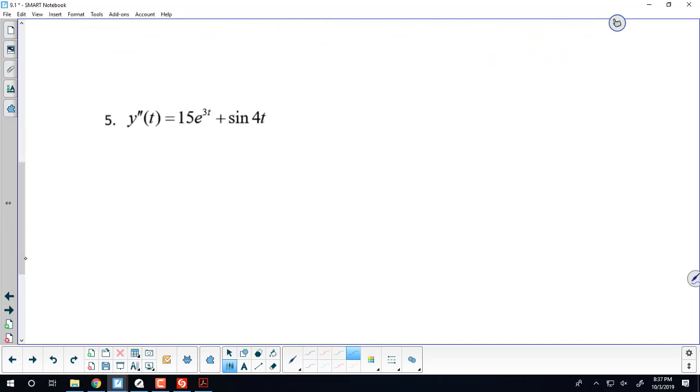So here you're given y double prime, so as you would expect, you have to do the antiderivative twice to get back to y. I'll just write it out.